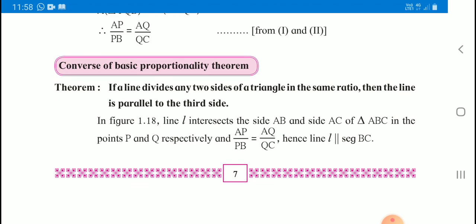So the statement of the theorem is: if a line divides any two sides of a triangle in the same ratio, then the line is parallel to the third side.